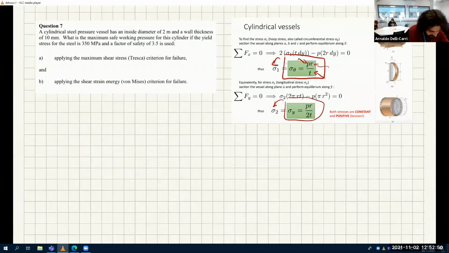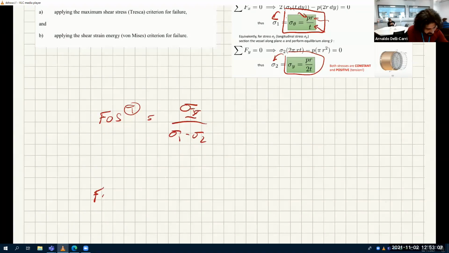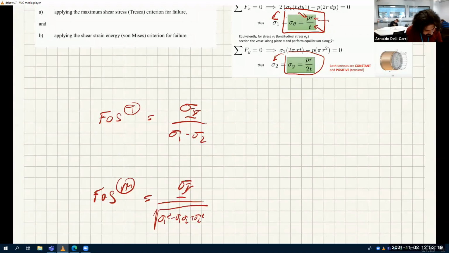And so let me write the equation here. The safety factor for Tresca is sigma yield divided by sigma 1 minus sigma 2. And the safety factor for von Mises is sigma yield divided by square root of sigma 1 squared minus sigma 1 sigma 2 plus sigma 2 squared.